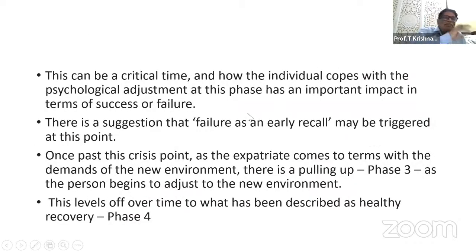This is the critical time, and how the individual copes with the psychological adjustment at this phase has an important impact in terms of success or failure. There is a suggestion that failure and early recall may be triggered at this point.